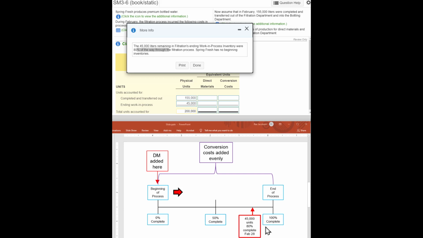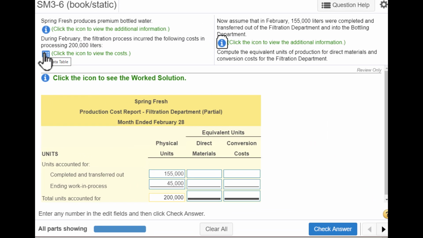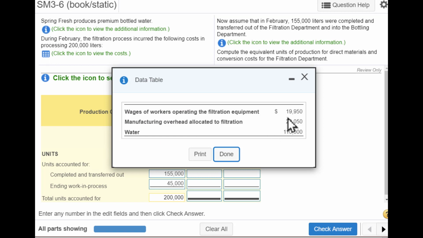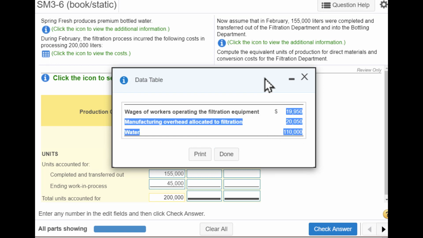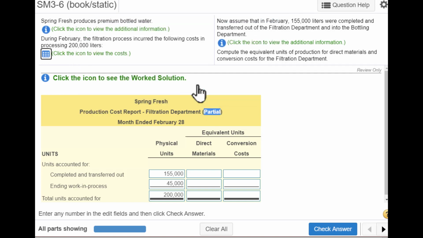They're incomplete, but they are 80% complete for conversion costs, but direct materials were added at the beginning of the process. And then finally it says click here to view the costs. If we were doing the whole production cost report we would later need the dollar amounts, but we're only doing the partial, so we're only doing the equivalent units part of it, so we don't need the dollar costs.